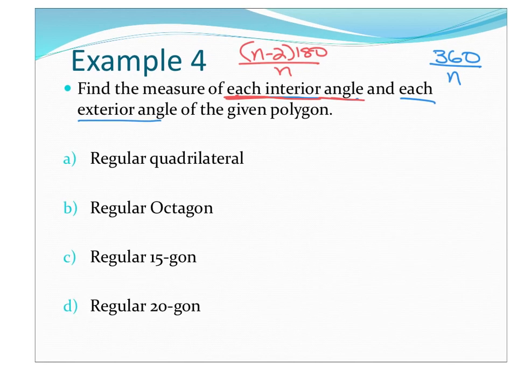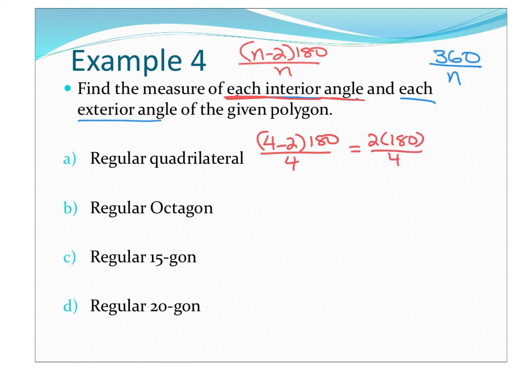For the first one, part A, we need to know how many sides are in a quadrilateral. And we know that there are 4 sides. Let me do it in red so it matches what I underlined: 4 minus 2 times 180 divided by 4. I can do the parentheses.